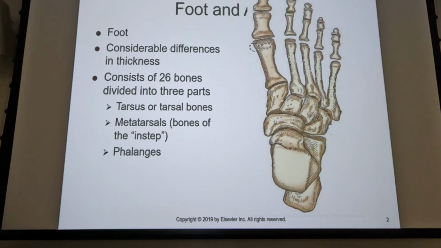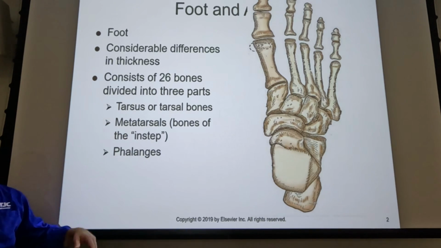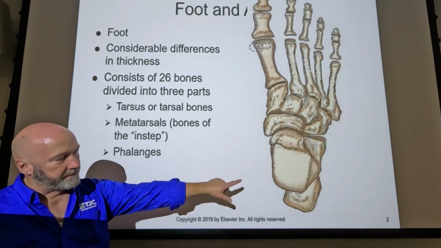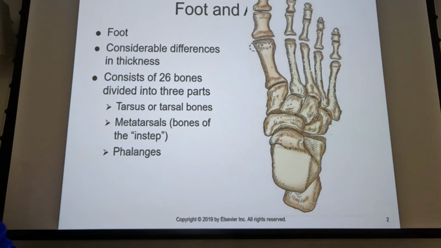Metatarsals form what we refer to as the instep, and they give you the arches. So you've got two arches. One is pretty obvious. You look at somebody's foot from the side and you can see the arch, and that's what we refer to as the longitudinal arch. But you've also got another arch that's less pronounced that goes across the foot, and that's called the transverse arch.